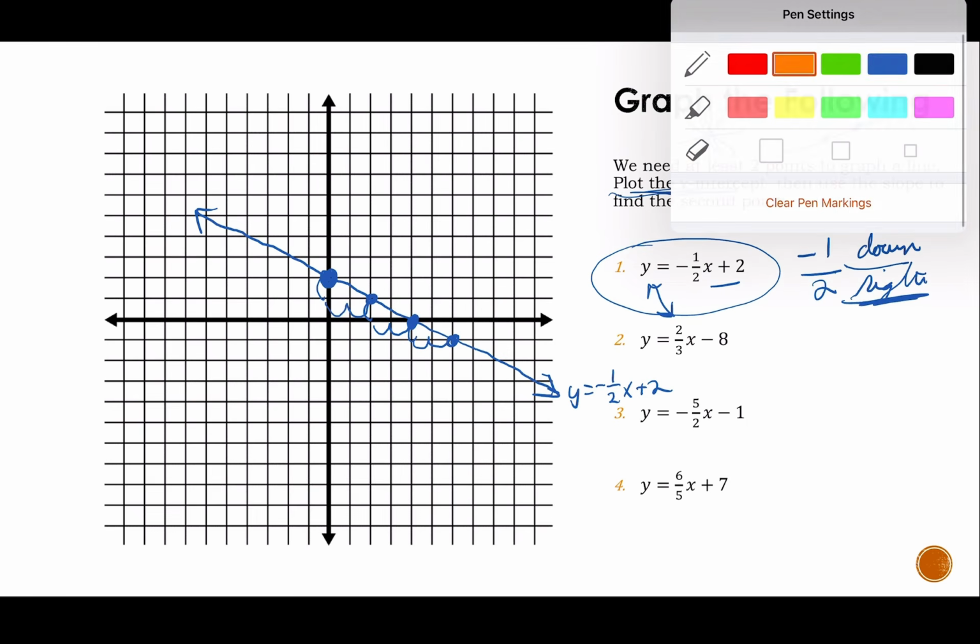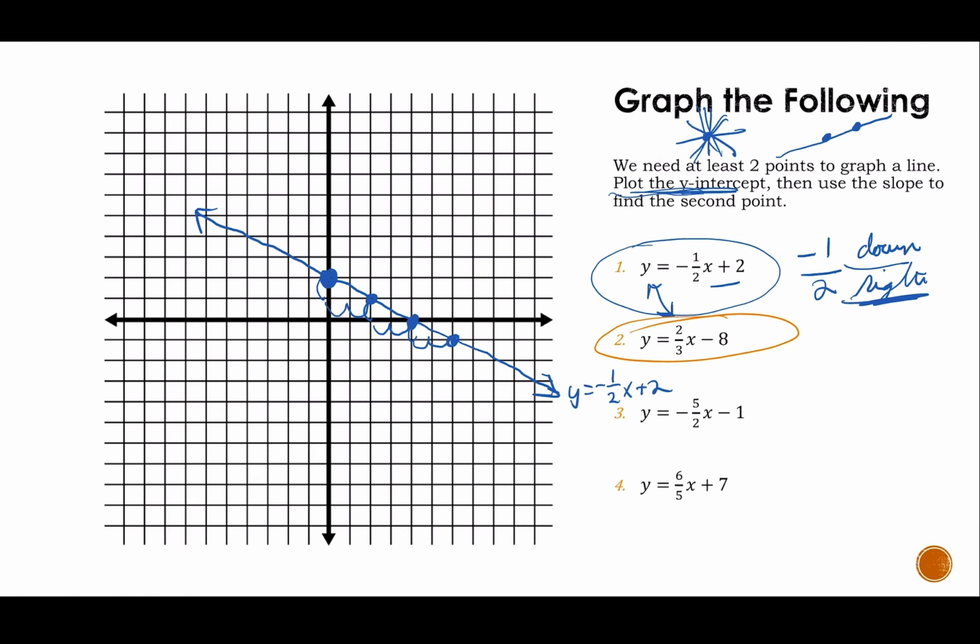Let's switch colors. I like orange. For y equals 2/3 x minus 8. So -8, that's my y-intercept. 1, 2, 3, 4, 5, 6, 7, 8. All right, so here's -8. And then my slope is 2/3. So this is positive. My graph is definitely looking like it's going uphill. So I go up 2 and right 3.